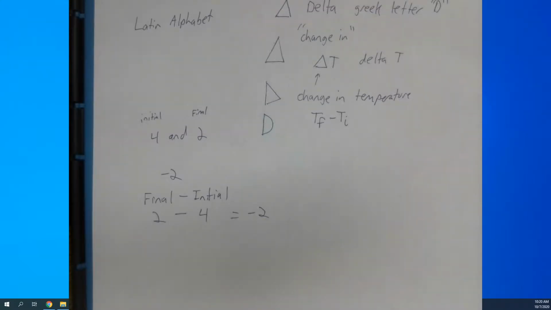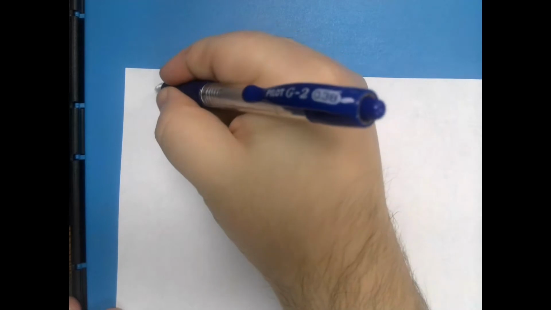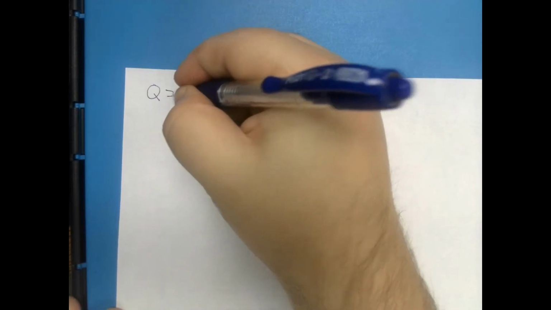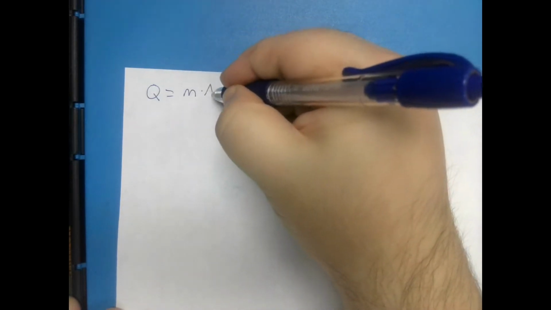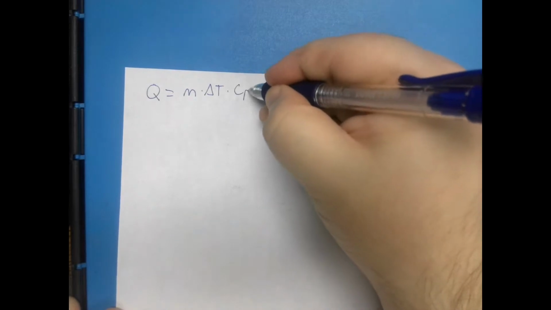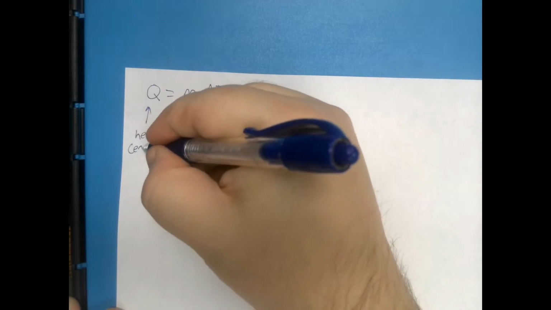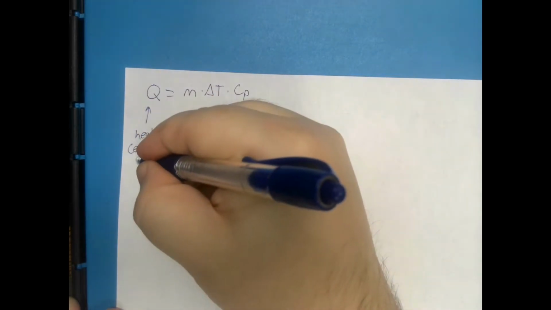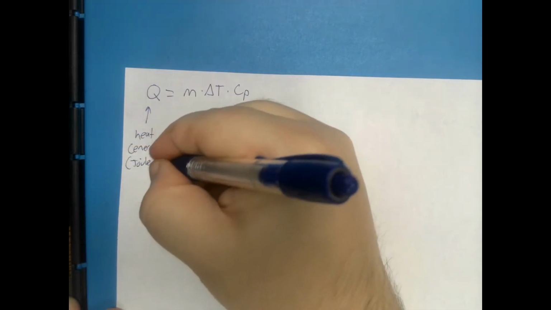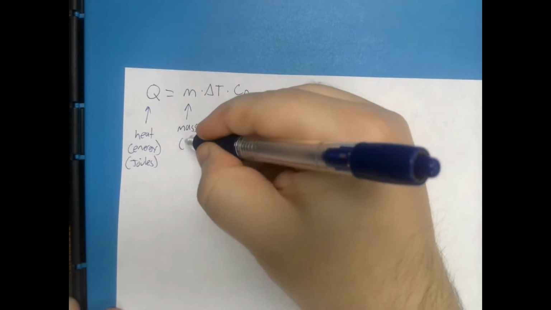So let's work on some examples together. So recall that heat is equal to mass times change in temperature times specific heat. So this is your heat, which is energy, and it's measured in joules. We have our mass, which is measured in kilograms.